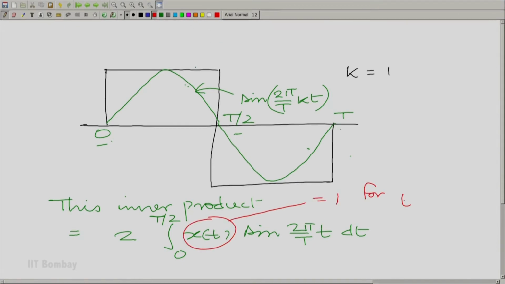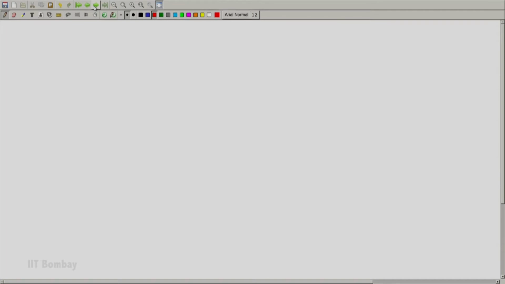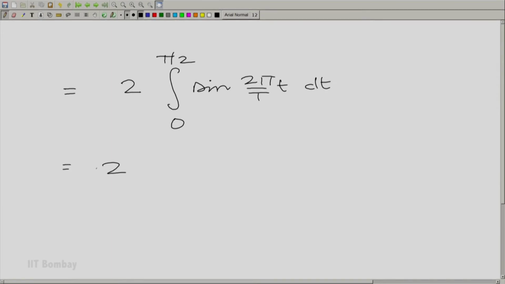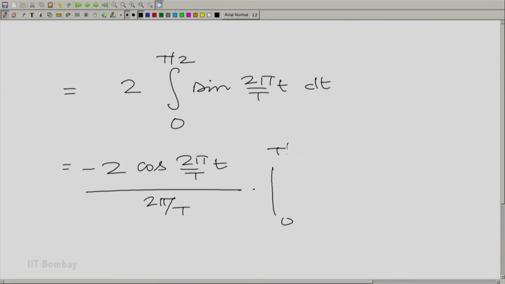So, what do we have here? Very simple. We have 2 times the integral from 0 to T by 2 of sine 2 pi by T t dt, and that is minus, evaluated: minus 2 cos 2 pi by T small t divided by 2 pi by T, evaluated from 0 to T by 2.